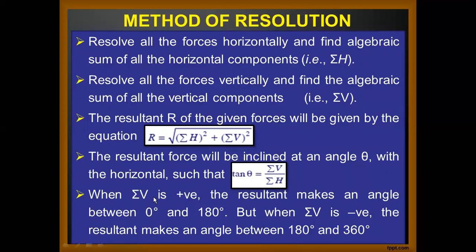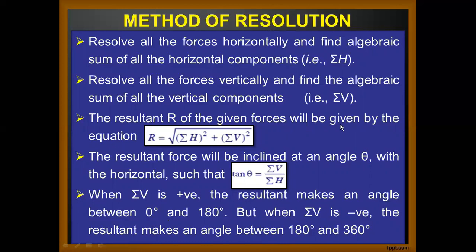And the last point here: when the summation of V is positive, the resultant makes an angle between 0 and 180 degrees. But when the summation of V is negative, the resultant makes an angle from 180 degrees to 360 degrees.